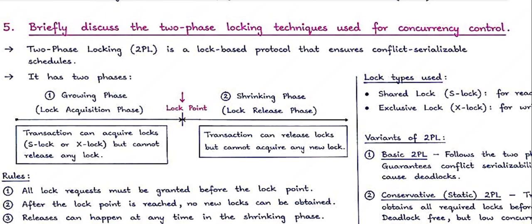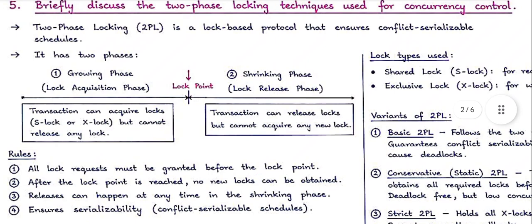It has two phases: growing phase, the lock acquisition phase; and shrinking phase, the lock releasing phase. In between, there will be a lock point. It's a lock-based protocol that ensures conflict serializable schedules.